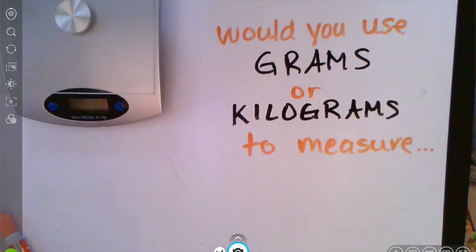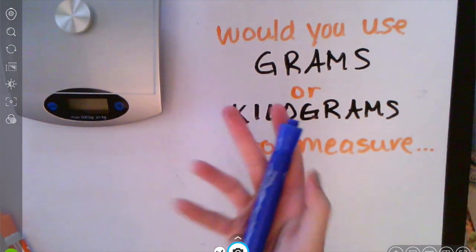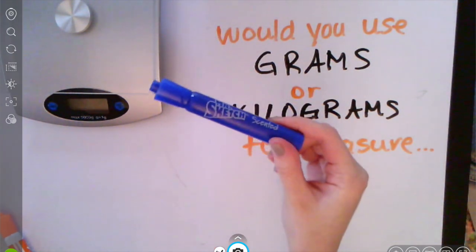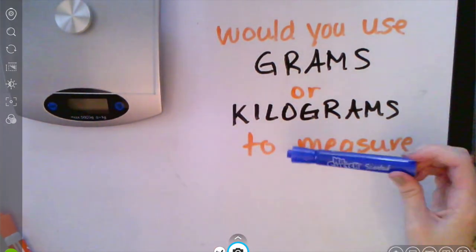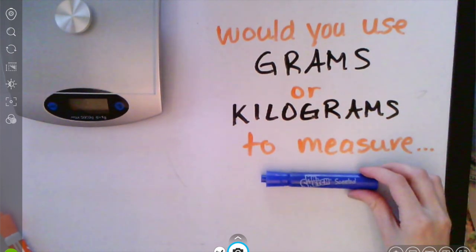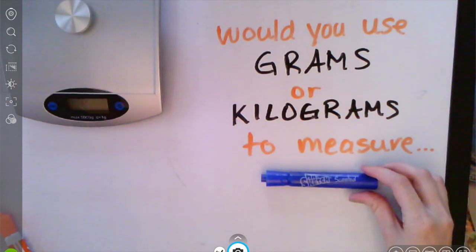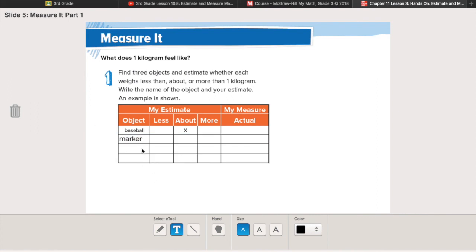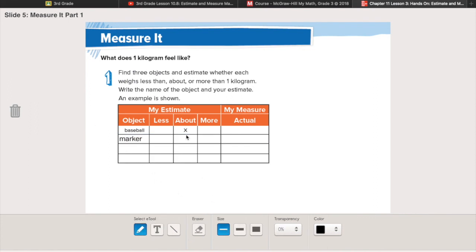The first object we're going to do is this Mr. Sketch marker. Do you think the Mr. Sketch marker is less than a kilogram, which was the Bible? I think it's less than that Bible, about the same as that Bible, or more mass than that Bible? I can tell just by looking at it, and I'm sure you can tell too, that that marker is definitely less.